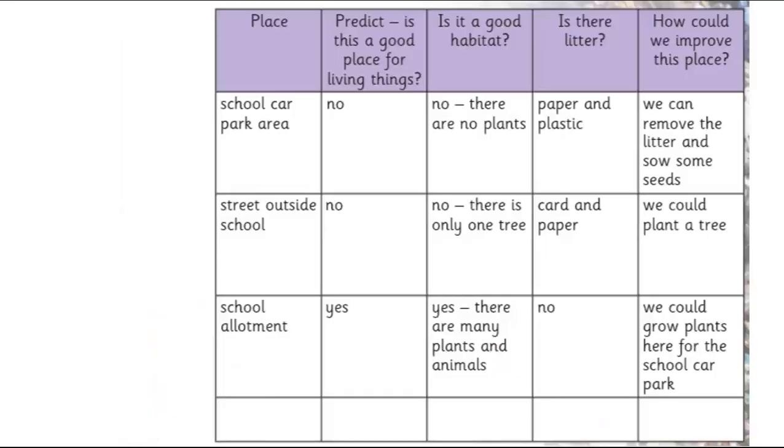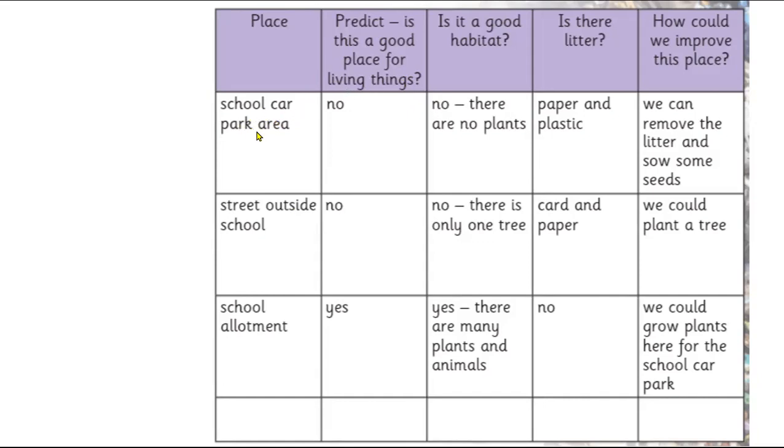Okay, in the last part we learn about what we can do for the environment. Okay, so here we had an activity during class. So the first place is school car and park area. What do you think, is this good for living things?